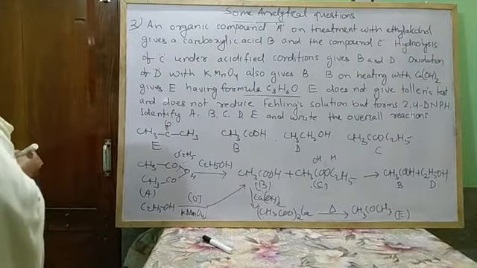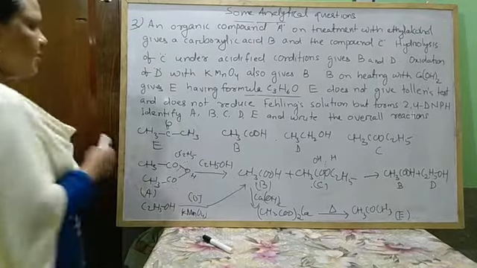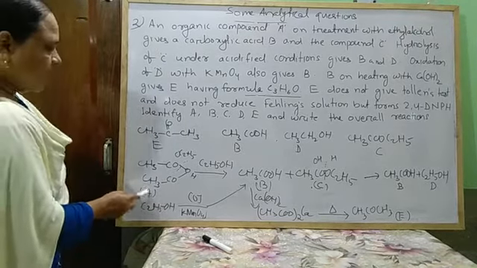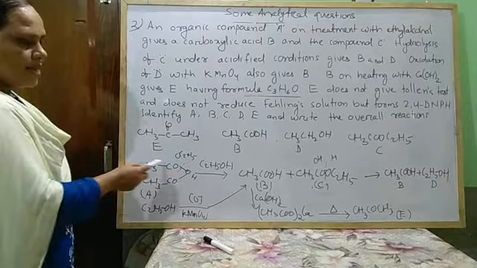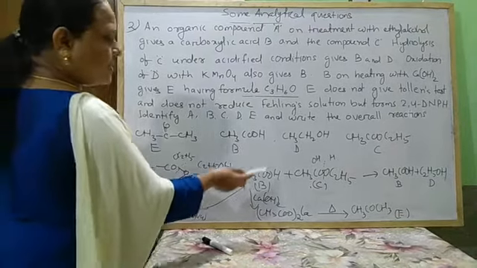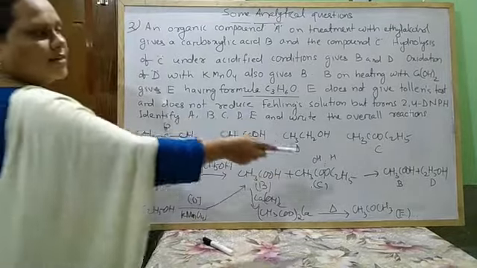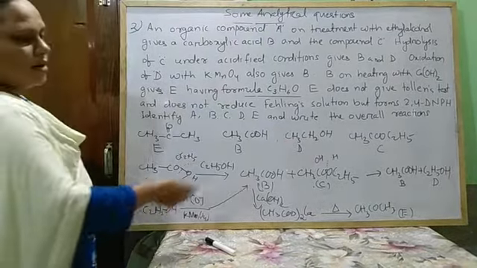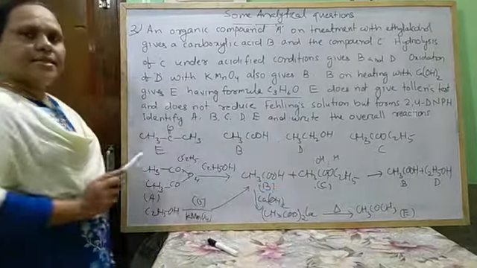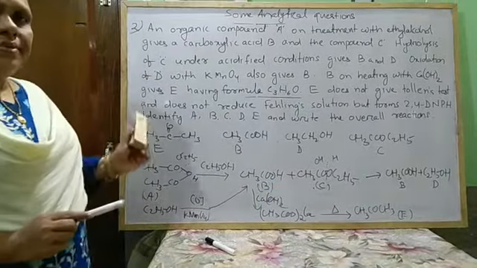So this is the overall reaction. So A is acid anhydride, B is acetic acid, C is ethyl acetate, D is ethyl alcohol, and E is acetone. Okay?